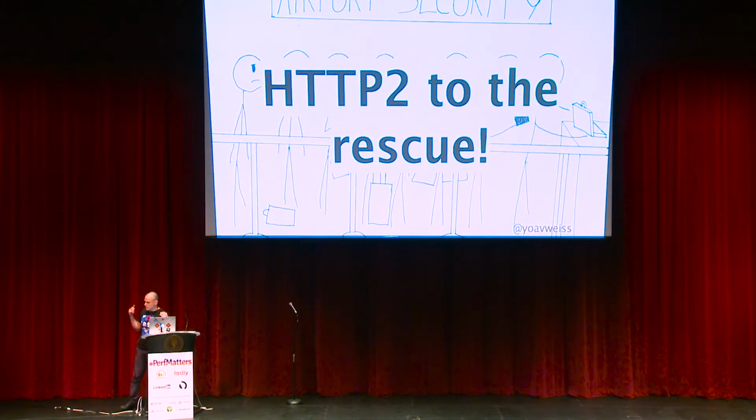You can send multiple streams on a single connection, which means that you can send a very large number of requests in parallel and have the server serve you the ones that are ready. And that's a huge difference from the way that H1 was handling resource requests.